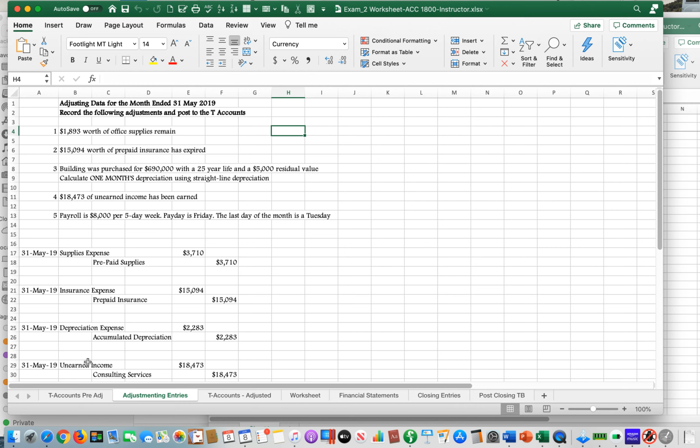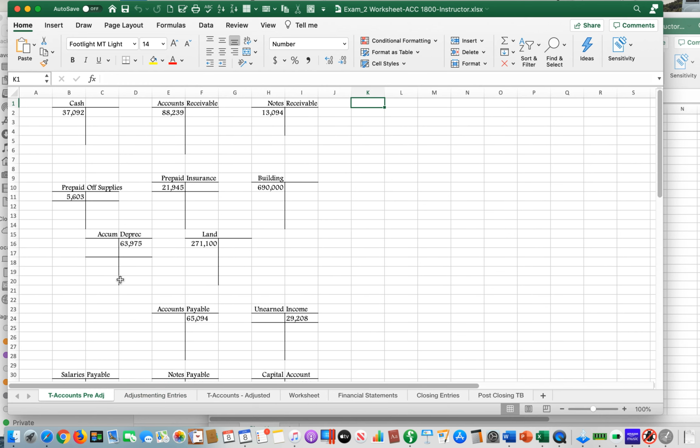Okay, what do we start out with? Well, let's go back to the T accounts before adjustments. You look at the prepaid supplies. So apparently supplies were debited for $5,603, and either accounts payable or cash was credited. Probably accounts payable, because cash has no credit balance here. So this is the original amount of prepaid supplies that were purchased during the month. $5,603.